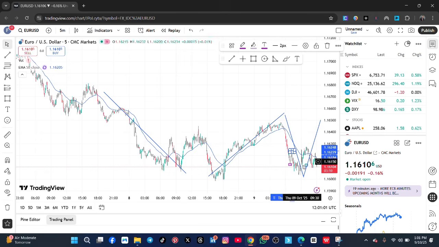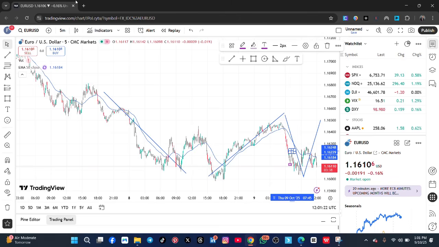What it's showing you is that the overall trend is down, but there is an indication that the trend will soon rise. So the first thing again is to identify where the trend is, and I've used two currency pairs to show you that. So your first assignment is to identify where the trend is, mark it like I just marked, and then send it to the group. All right.